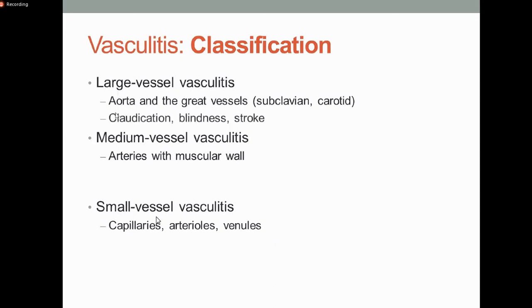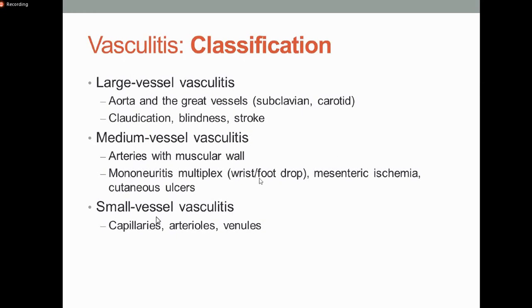In large vessel vasculitis, claudication, blindness, and stroke can occur. The signs and symptoms of vasculitis also depend on the area supplied by the vessels affected and the caliber of the vessels. Like in the aorta, if this is involving blood supply to the brain or cerebral artery, stroke can result or blindness can result.